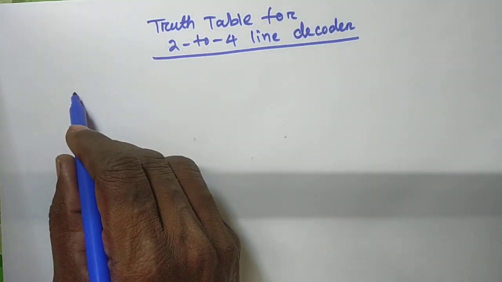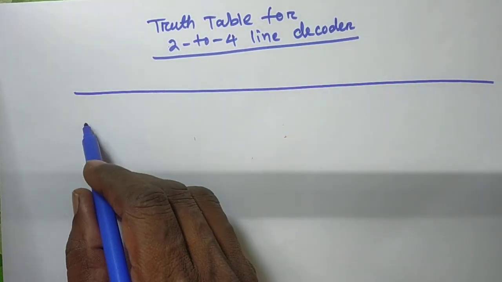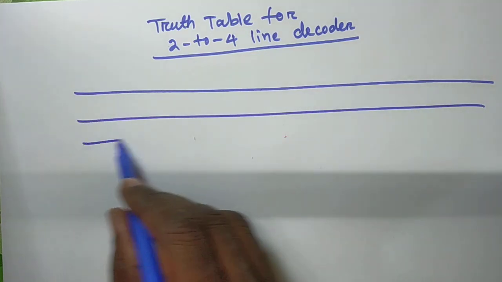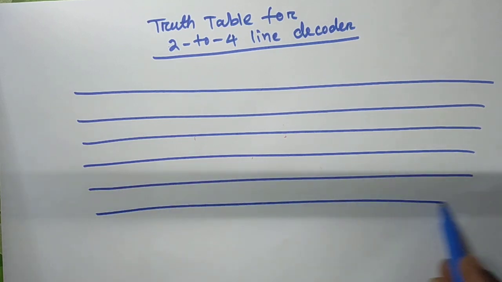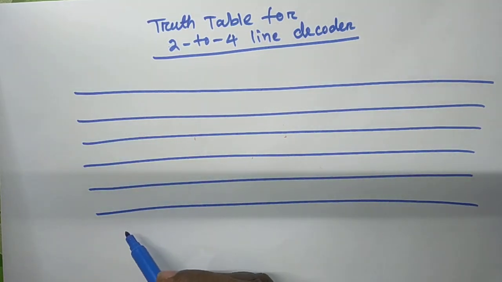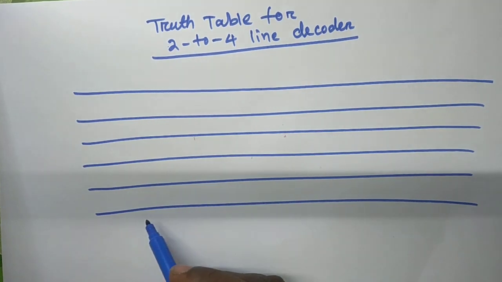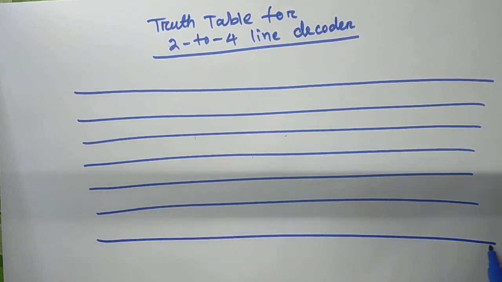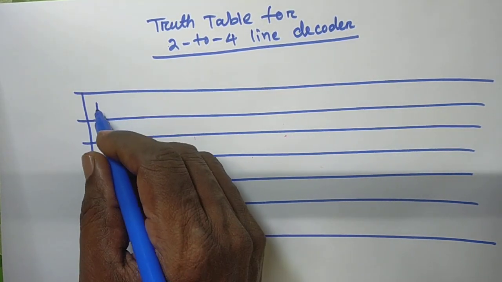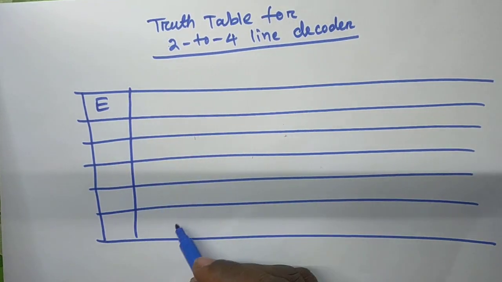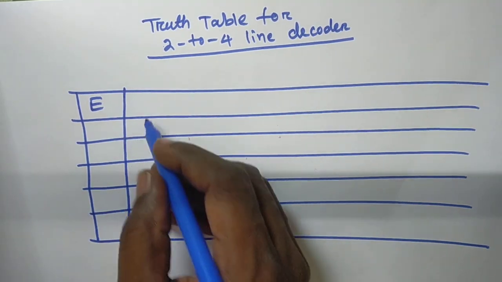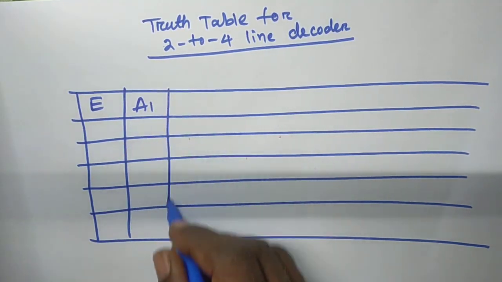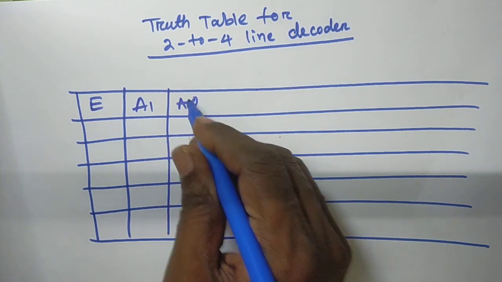Okay. Very simple. We will draw. Very simple. That is one line and another line also we can draw. How? Now we will see very simple. First one we will see enable. Okay. We see that first one is enable. Second one it is A1. Okay. And next is A0.